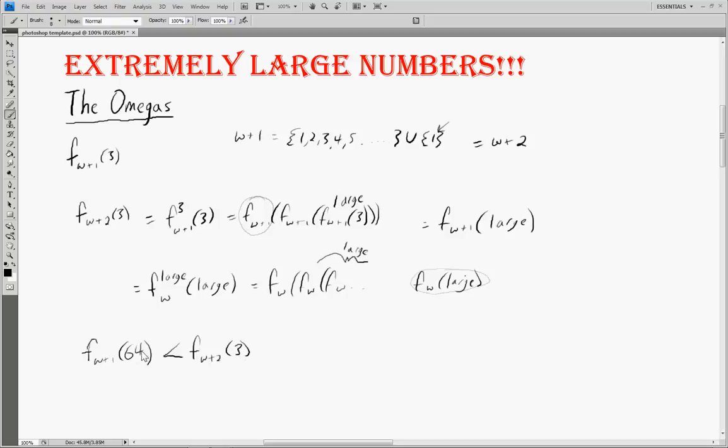I could put a googolplex into this input right here, and it would still be vastly smaller than just putting a 3 into omega plus 2. This is where we really have to get used to the idea of where the power of the argument comes from. It's not what you plug into the base here, it's what you plug into here. That's what matters. This is the point that we have to increase if we want to make ever-increasing functions, basically.